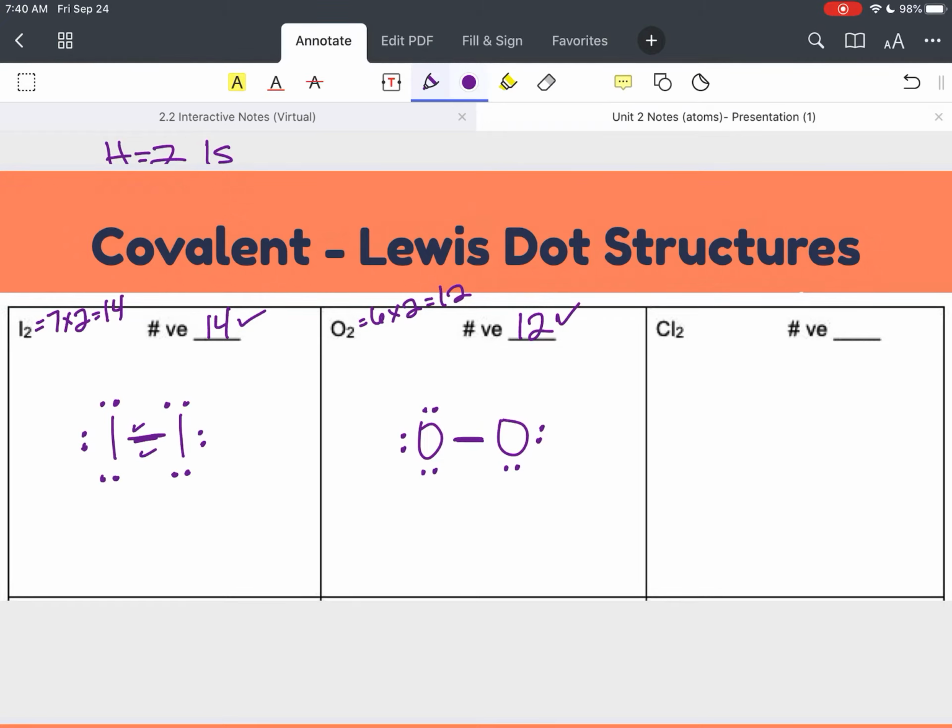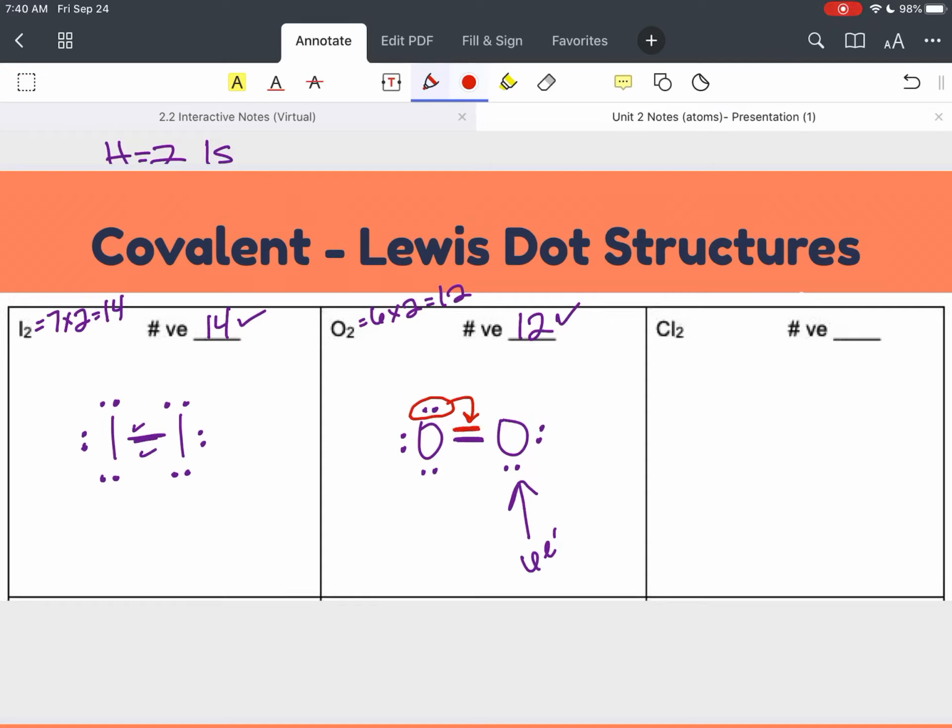I can't add any more, but this oxygen right here only has 6 electrons, right? And that's not right. I want it to have 8. So how can it get 8? It's got to share, right? So this oxygen is going to have to share its electrons right here.